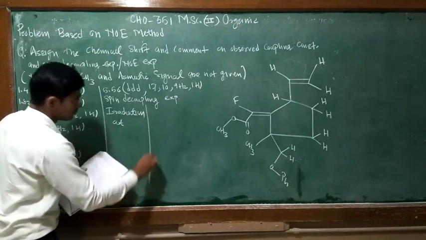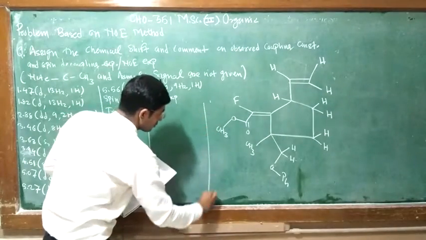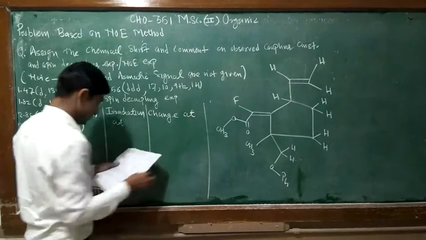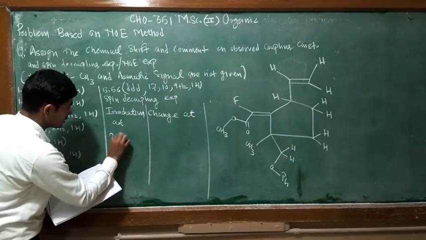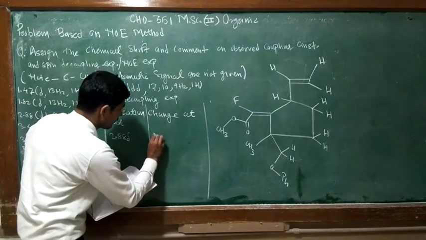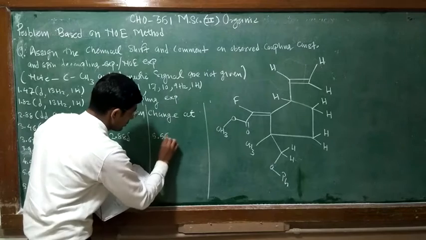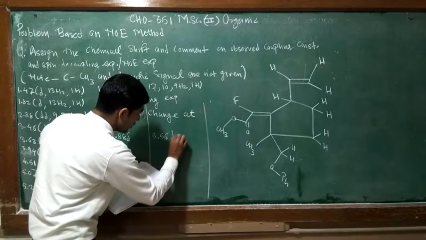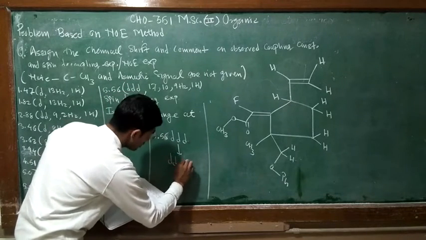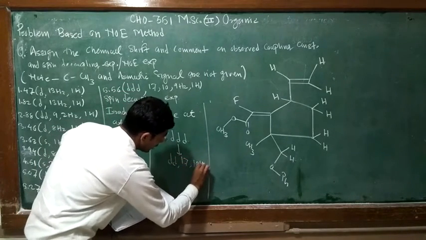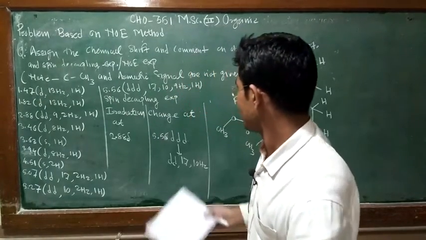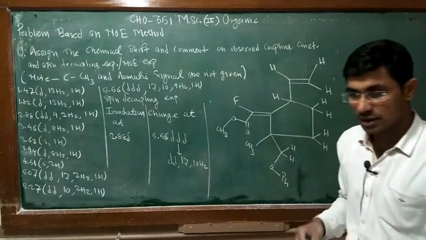Irradiation at 2.88 delta changes the signal at 5.56, the doublet of doublet, into a doublet of doublet with 17 and 10 hertz like this. So the signals are given over this molecule, and you have to assign the signal.